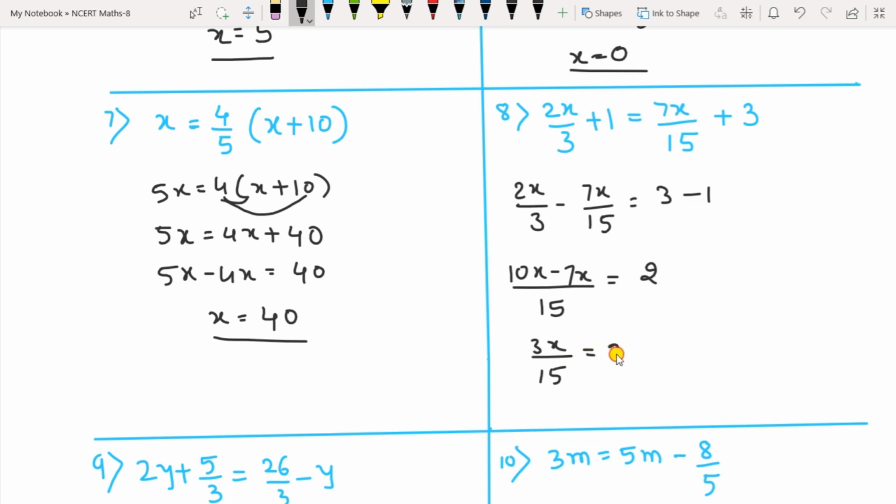So it will give the value of x. How much will it be? This 3 by 15 will move to the other side. So 2 into 15 by 3. Since we cannot cancel anything, it becomes 5 2s are 30. Multiply by numerator and denominator as this.